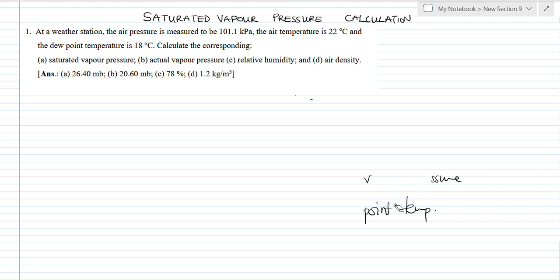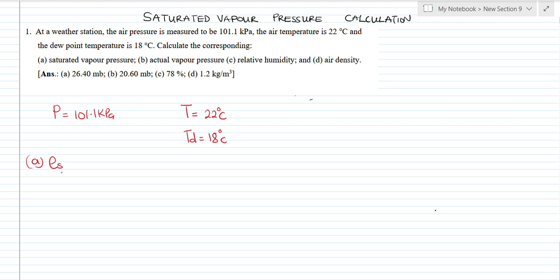The air temperature, that is the normal T, is 22 degrees Celsius, and the dew point temperature, TD, is 18 degrees Celsius. The first part is to calculate the saturated vapor pressure, ES.